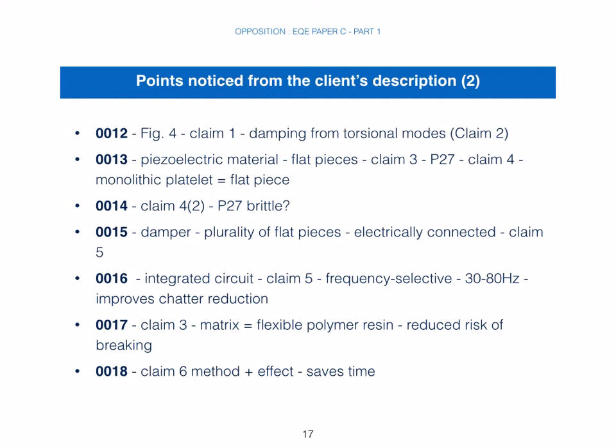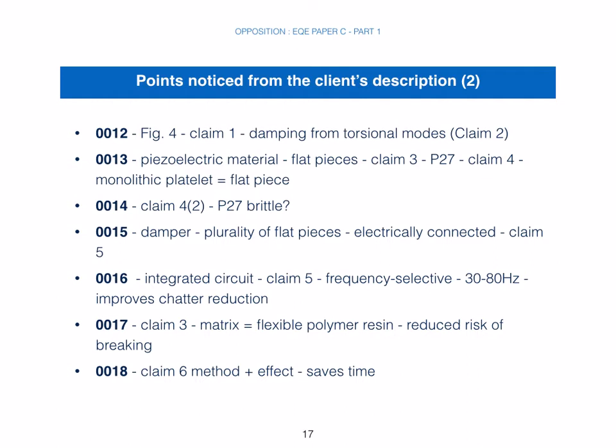Paragraph 15 talks about a damper with a plurality of flat pieces electrically connected, which is related to claim 5, which is continued in paragraph 16. The integrated circuit is claim 5, and it talks about being frequency selective, 30 to 80 hertz, improves chatter reduction.